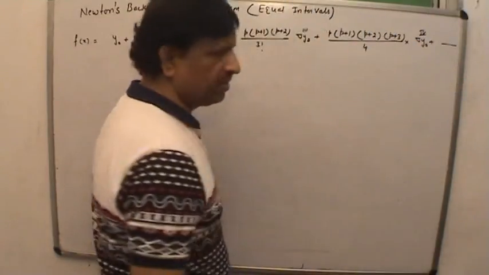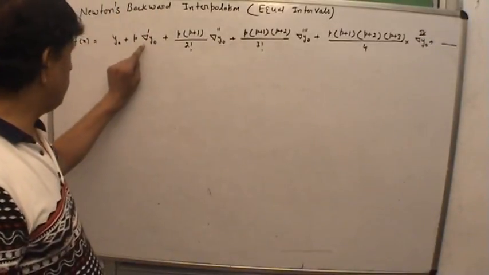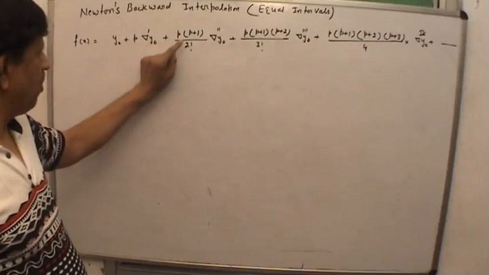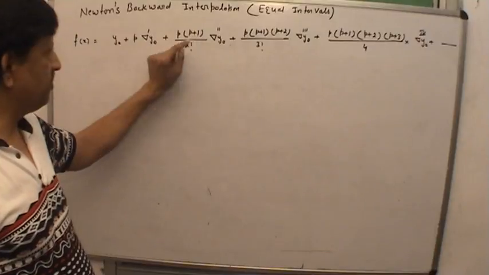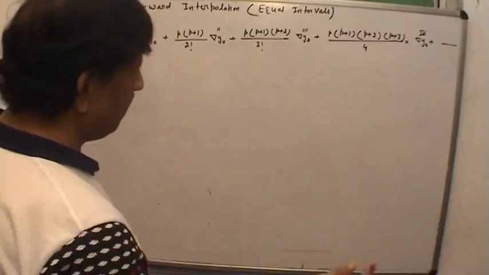There is no difference between the forward and backward formulas. Just see here, we have changed only forward delta to backward delta, and all the p that had minus signs now have plus signs. Otherwise the nature of the formula is the same.